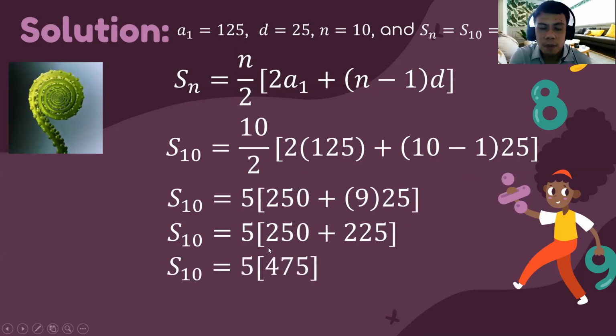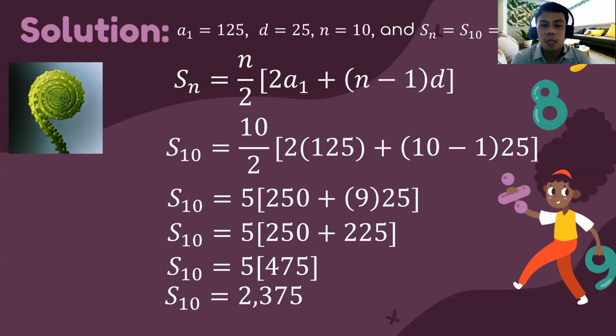After that, simplify the numbers inside the parentheses or bracket. So we have 250 plus 225, that is 475. Then this means multiplication. So we have to multiply 475 times 5, that is 2,375. What is 2,375?